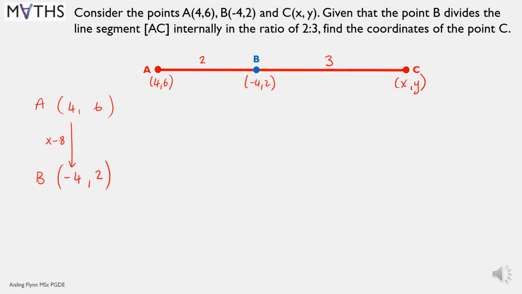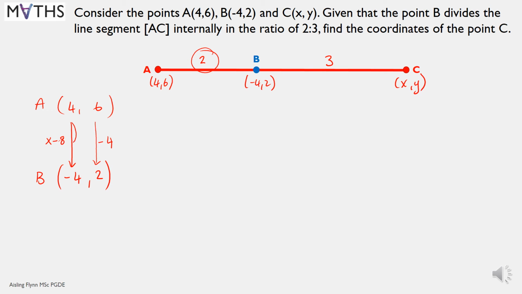And similarly, let's look at what happens to the y value. The y value has dropped from 6 to 2, and that's -4. Now this movement from A to B represents 2 steps along the way. So what is one step?